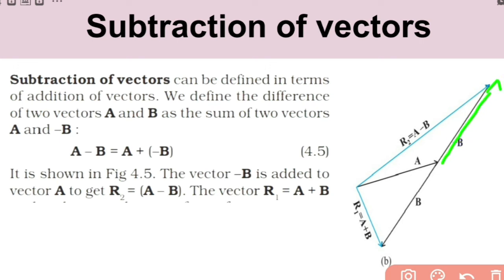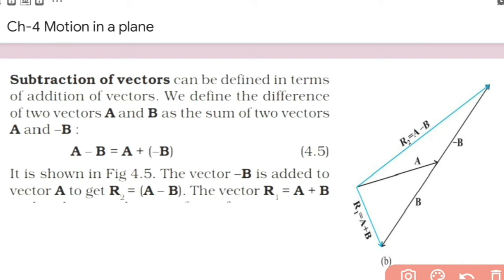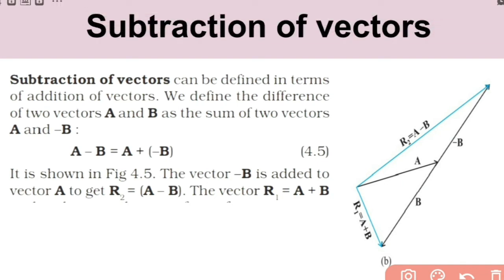Okay. So this negative B and this B, both of them should be of the same magnitude. That means while drawing, these two vectors should have the same length. The only difference is they are opposite in direction, because this second vector is minus vector B. So minus B we have drawn.